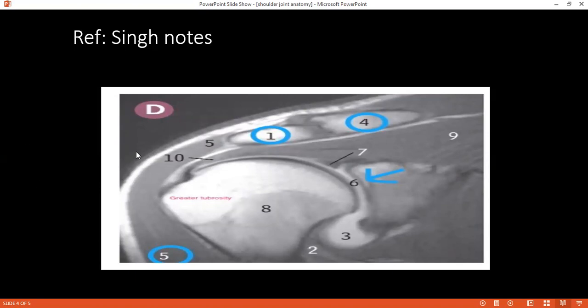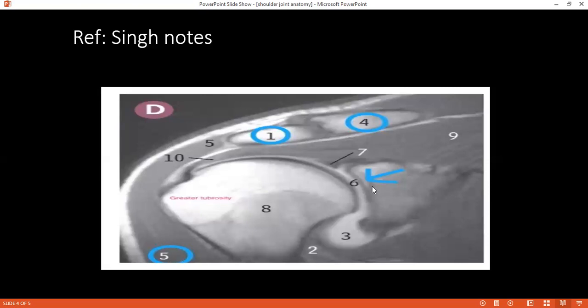Can you please identify the blue circled structures? Number 1 is the acromion, 4 is a clavicle, 5 is the deltoid, and 6 is the glenoid.